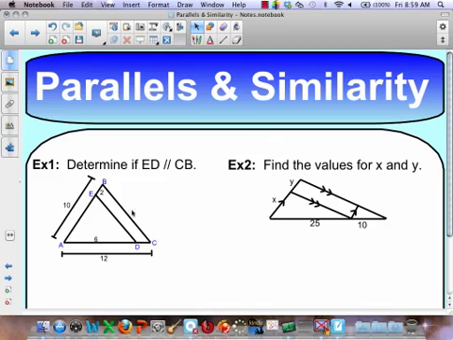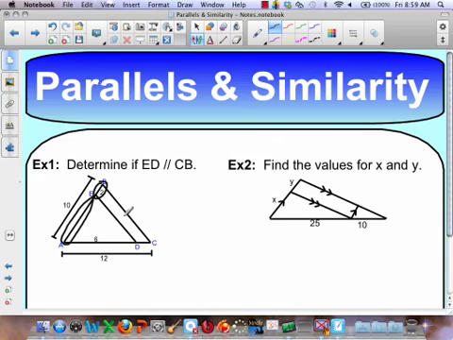Remember, this goes back to the first theorem we talked about today. If these two lines were parallel, then these two segments would be proportional to their corresponding segments down here. So, if my whole length over here is 10, what is the length of AE? 8.